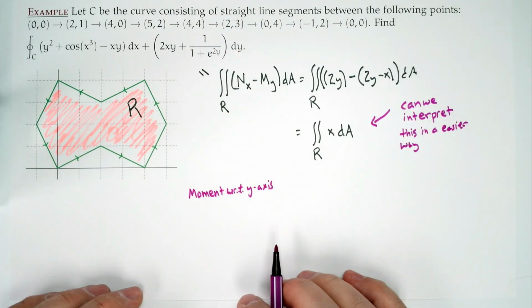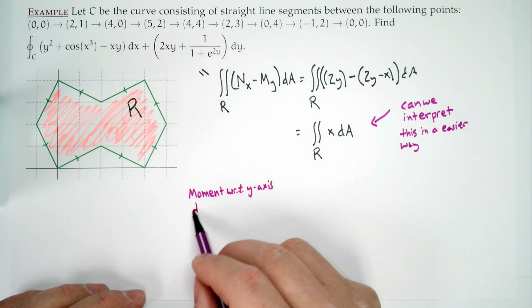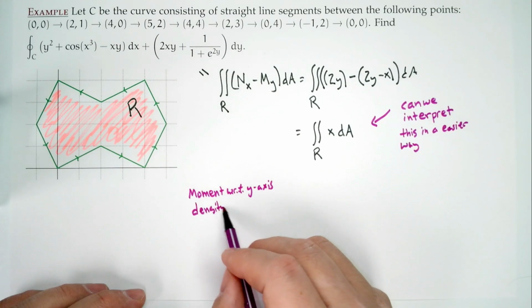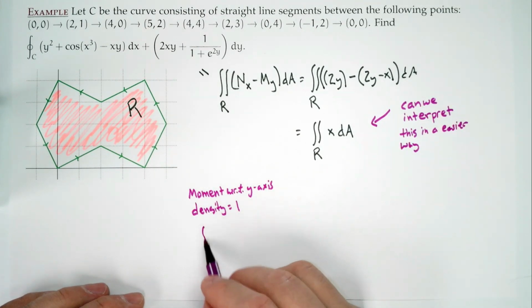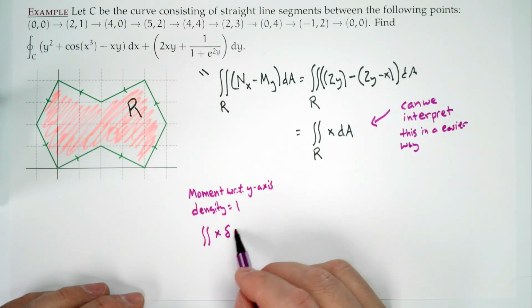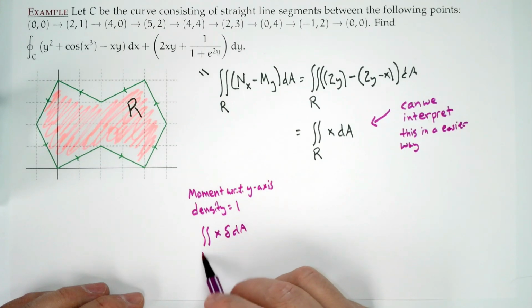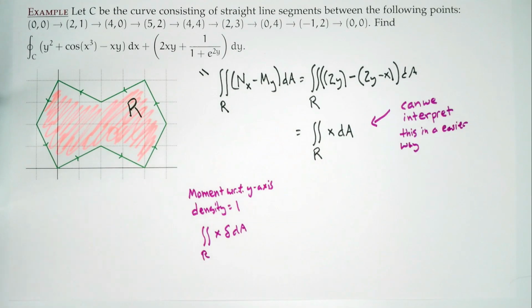Because that's how you find the moment, remember? And of what? Well, if our density was equal to 1. Because the moment with respect to the y-axis is x times your density dA. And now you're like, oh, okay, make density 1. Life is good.